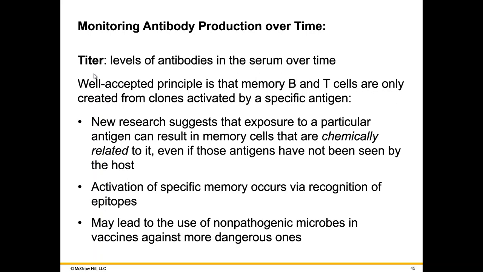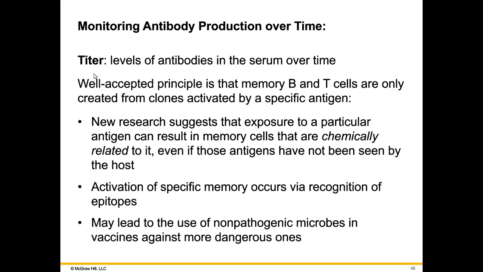Especially in certain types of infections that constantly have different strains, like the flu, of course. Every time we turn around, there's different strains of the flu. So what this essentially is saying is that if you contract the flu, you may be more protected from other strains of the flu that are chemically related to it.